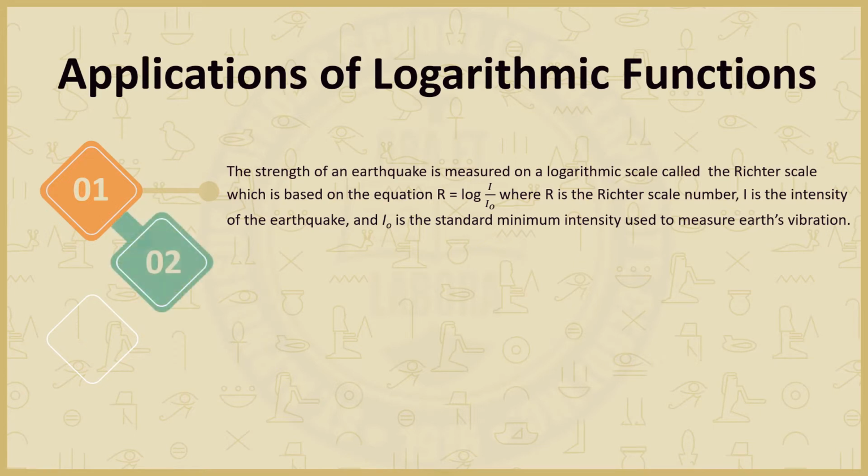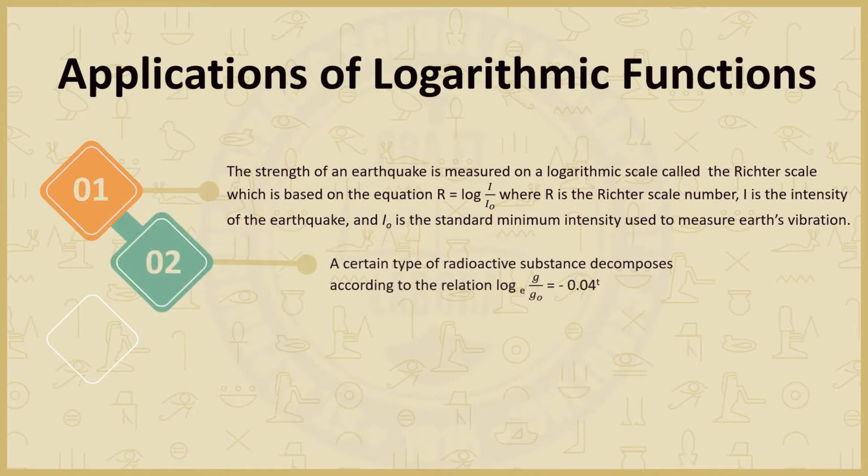Earth's vibration. Second, a certain type of radioactive substance decomposes according to the relation of the logarithm of q over q sub 0 to the base e is equal to negative 0.04 times t.